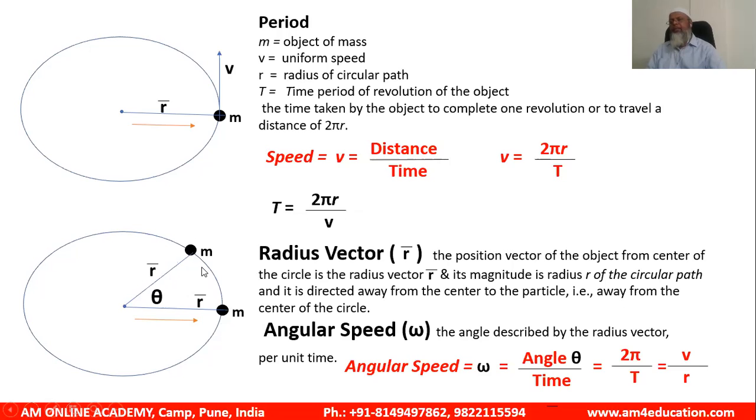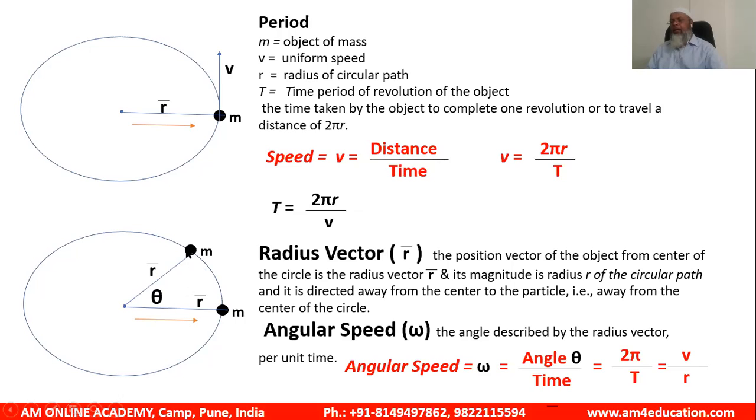So the position vector of the particle with respect to the center is nothing but the radius vector. Its magnitude is equal to the length of the radius of the circular path, and it is always directed away from the center as shown in the figure.